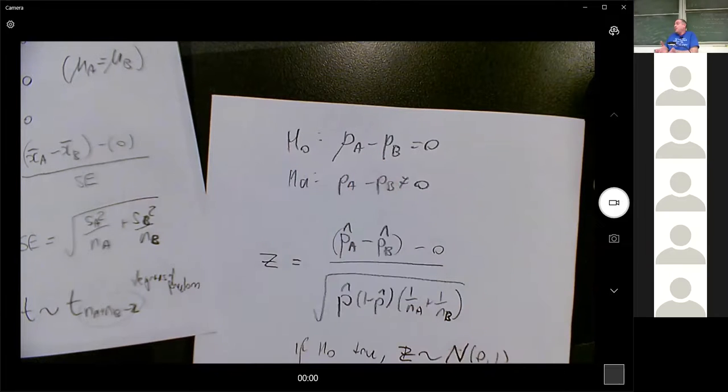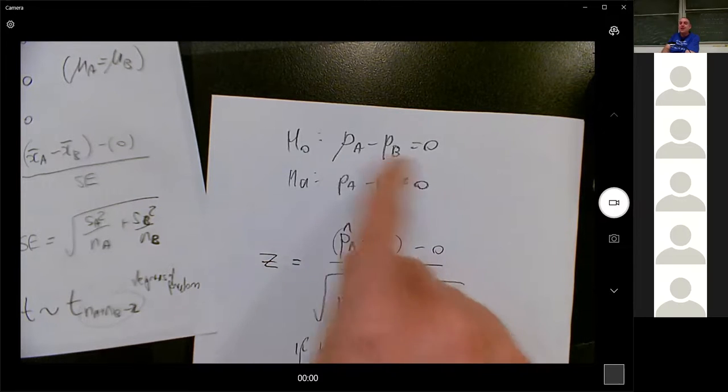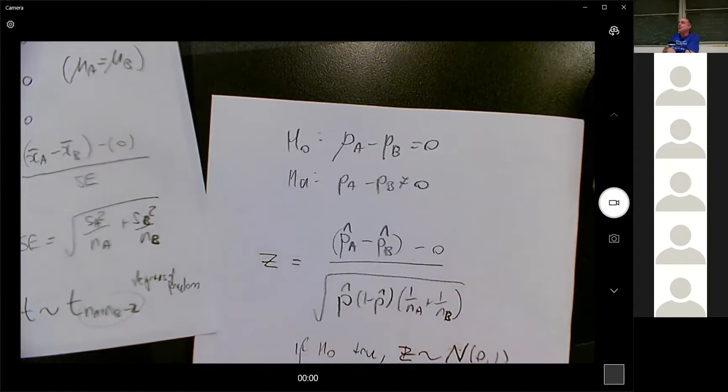That's what the null hypothesis says. And if situation A and situation B doesn't make a difference to the population, then I don't need to worry about which one is which. And so it's really just one big situation. It's not two groups of individuals, it's one big group of individuals. And so the best estimate for what the real PA or PB is what the proportion is in the whole combined group.